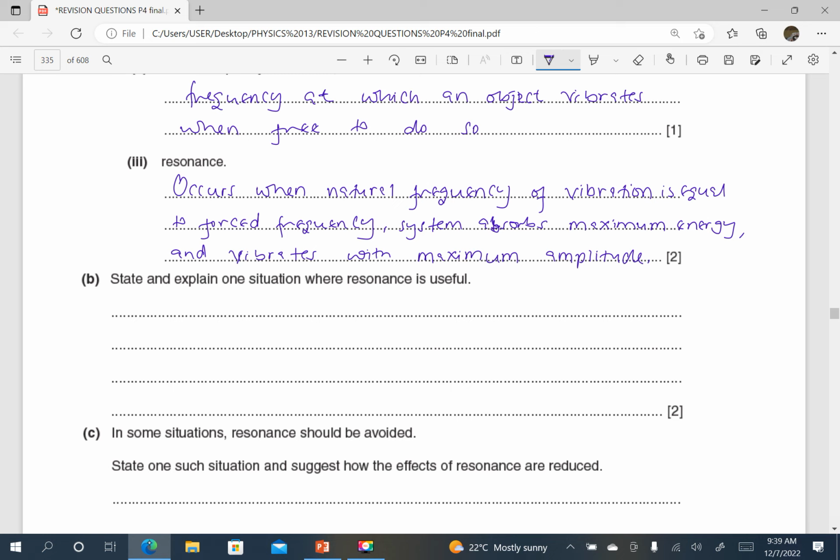Number one, you must have heard of microwave oven cooking, or you use microwave ovens at home. Number two, you must have heard of magnetic resonance imaging.